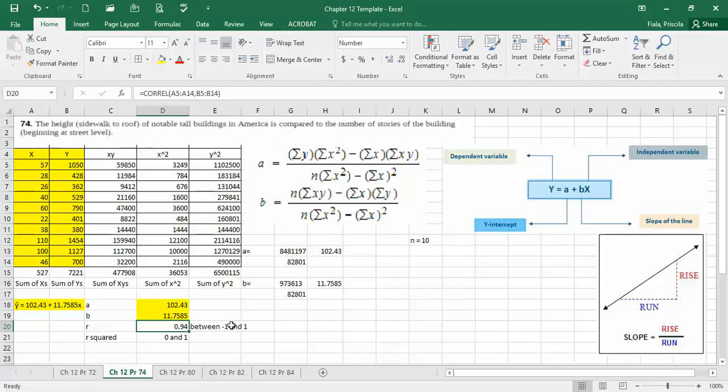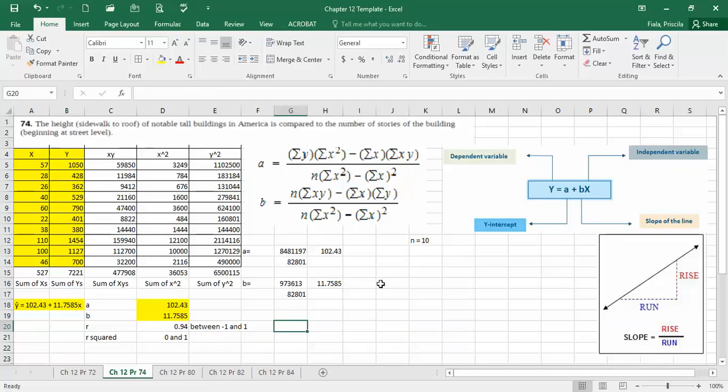So you really want something closer to 1 to show a positive, strong relationship. Or, depending on what you're trying to show, you can hope to have a value closer to minus 1 to show there is a negative, strong correlation in your graph.